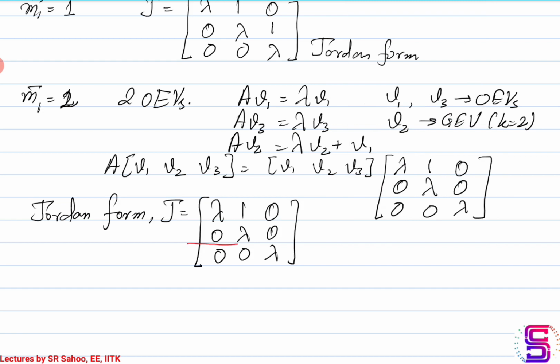How many Jordan blocks have you got? You have got two Jordan blocks. This is one Jordan block, corresponding to the eigenvalue lambda, and this is another Jordan block corresponding to the same eigenvalue lambda.